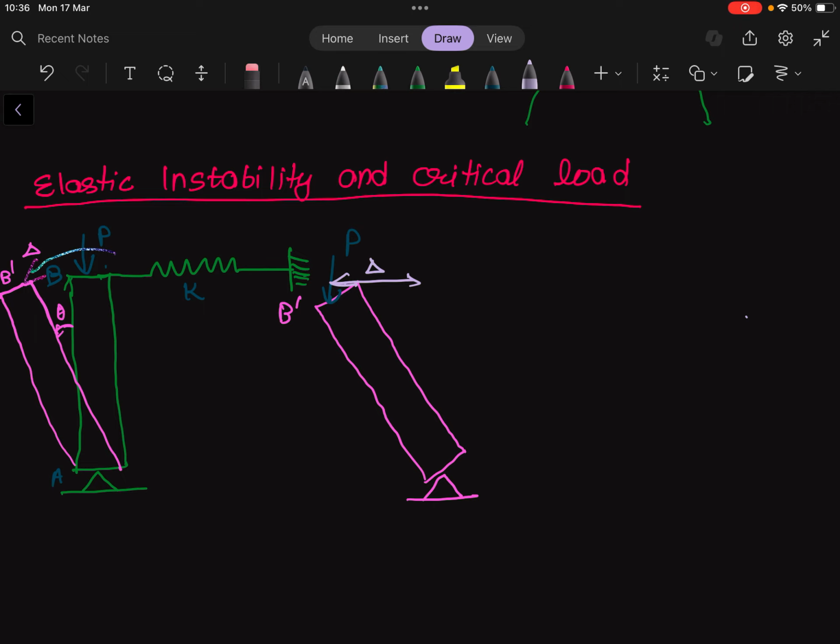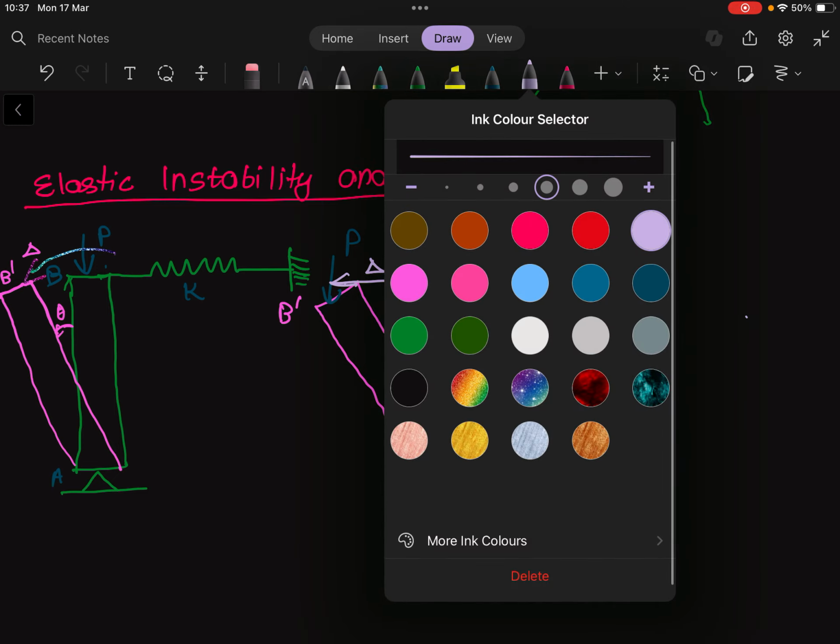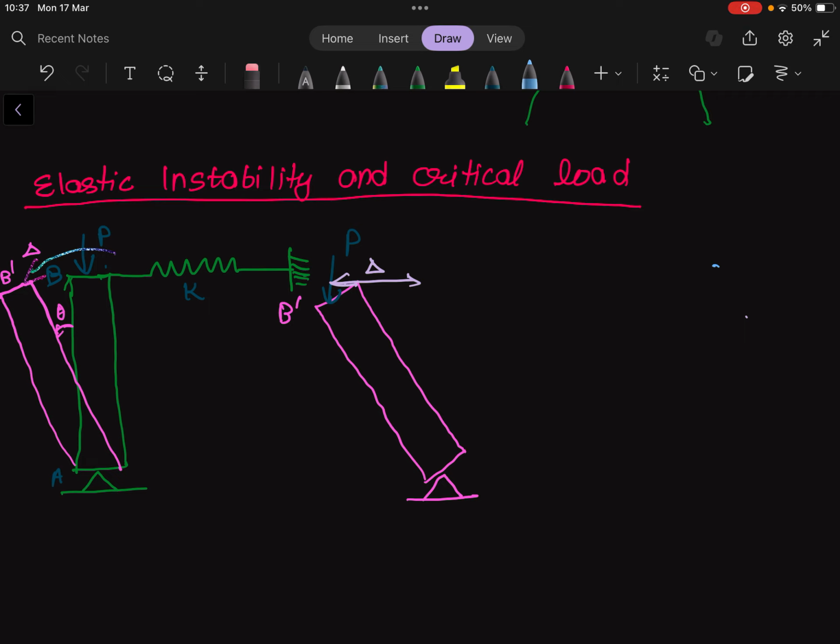So when we draw the free body diagram of this condition, there is a spring force acting in this direction, trying to bring back this column member to its initial position.